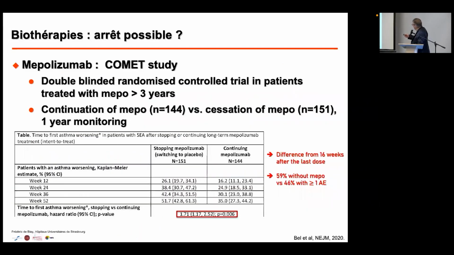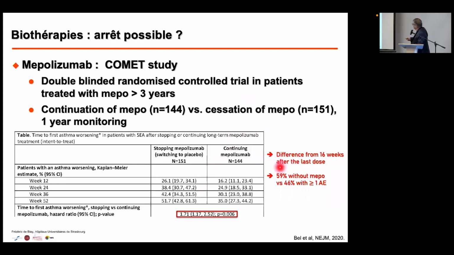The same with mepolizumab, the COMET study. You also have a double-blind randomized study, continuation of mepolizumab versus cessation, with 1 year of monitoring, and there is a longer effect.